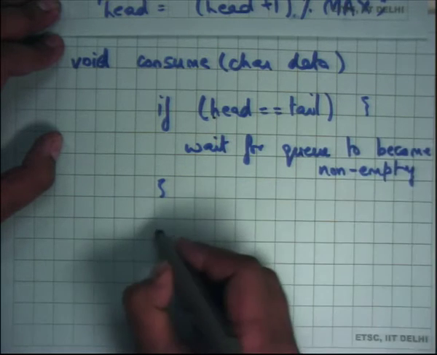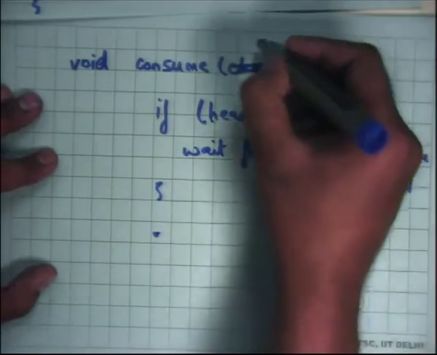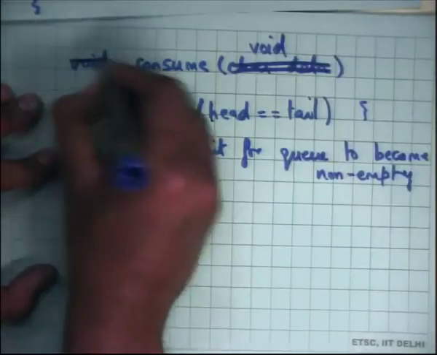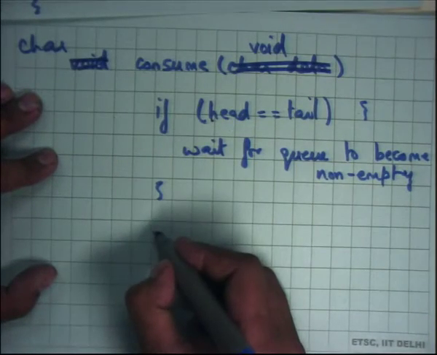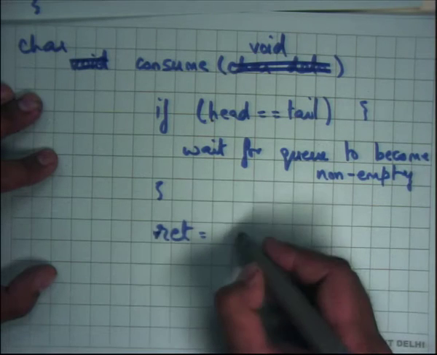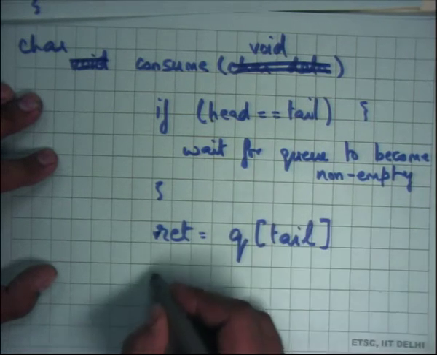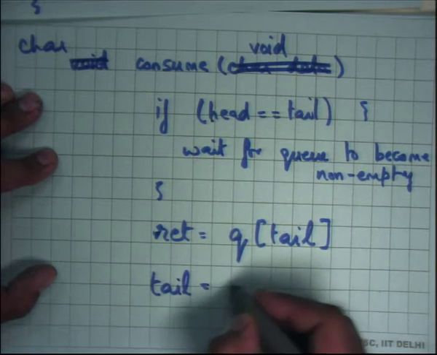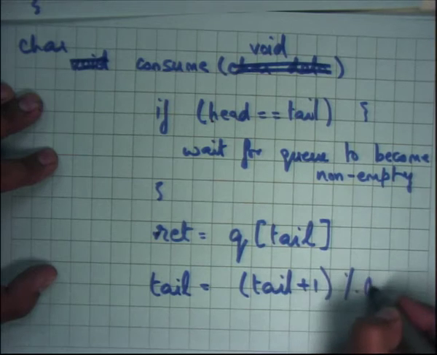Sorry, consume has a void argument and returns a character. And you can say return value is equal to q[tail], and tail is equal to (tail plus 1) mod max.